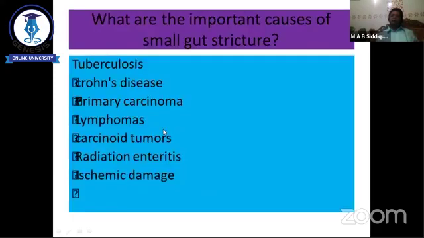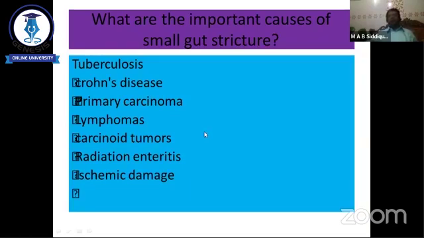So what are the differential diagnoses of this X-ray? The differential diagnosis may be tuberculosis, Crohn's disease, primary carcinoma, lymphoma, carcinoid tumor, radiation enteritis, or ischemic damage.